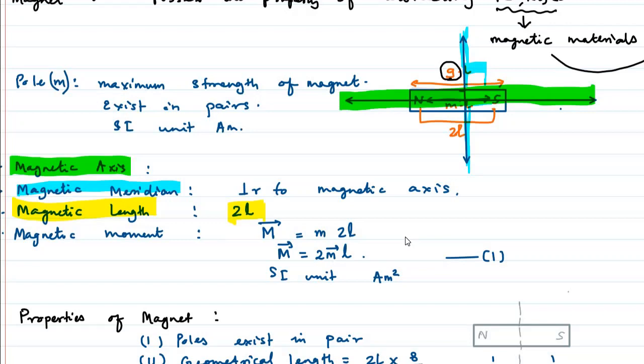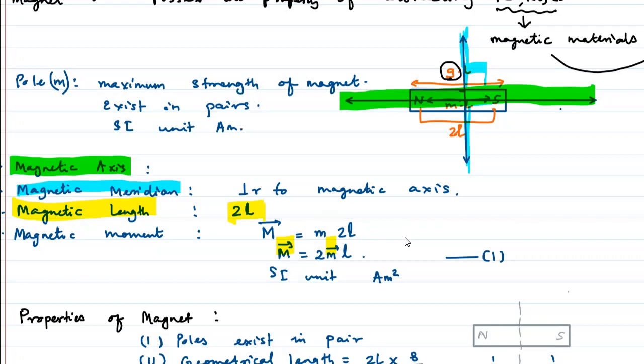m is a vector quantity because it has got a direction, although the magnetic length is a scalar quantity. But the magnetic moment, when multiplied, is a vector quantity, M equals m times 2L. You can see I have highlighted the vector notation just so that we remember that the pole strength is a vector quantity.